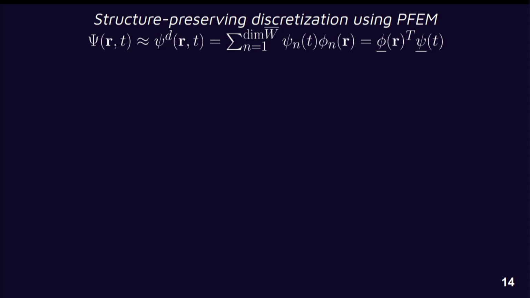So we discretize our wave function on the finite element approximation space, and so we go from a distributed wave function into a 1D vector evolving in time, which is here underlined psi.